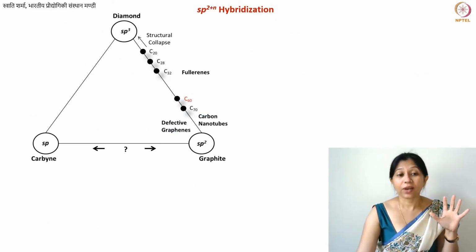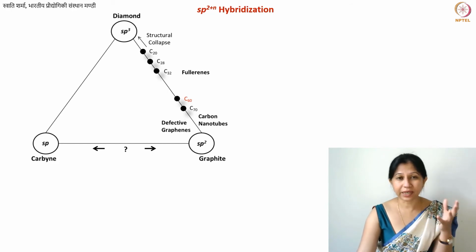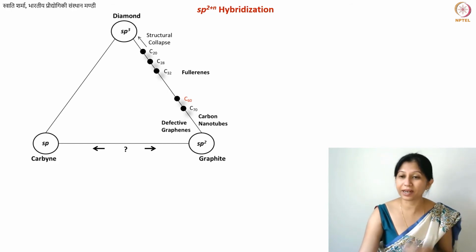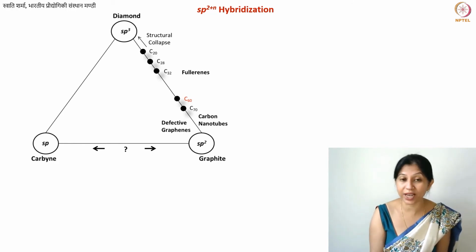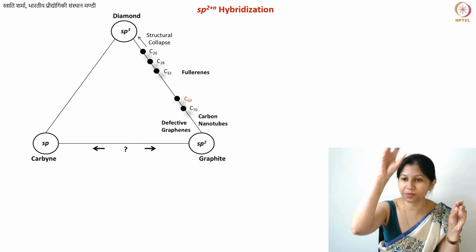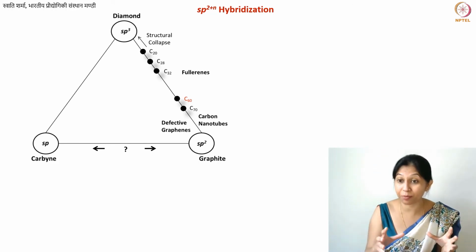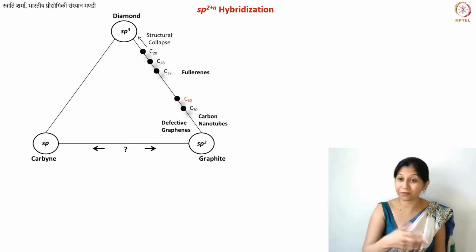Now, this diagram or similar diagrams, we are also going to encounter when we talk about carbon allotropes in general. But right now, if you see this triangle, where I have sp type structures, sp2 type structures, and sp3 type, you now know the primary or representative examples of each one of them.